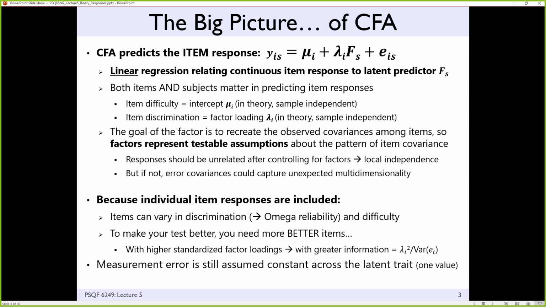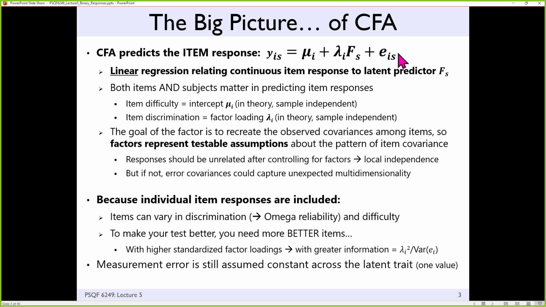To the extent that they don't, I'm wrong, and I have to go back to the drawing board, at least to some extent, in thinking about how to rearrange the model. So factors represent testable assumptions. This model in particular looks like it would be a local independence model, meaning that the y's are supposed to be related only through the f's, and the e's are unrelated.